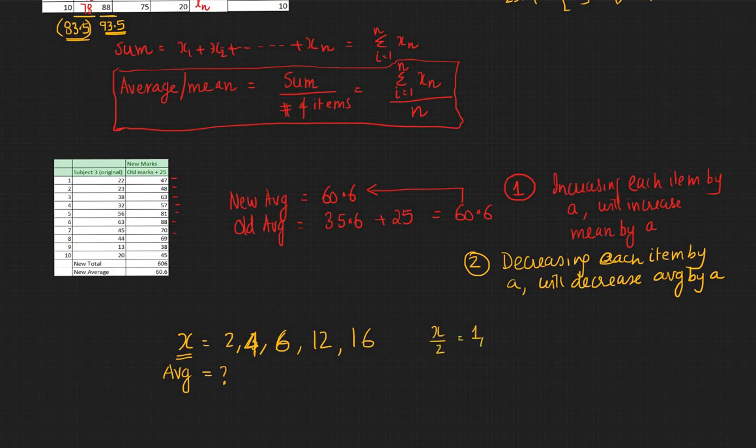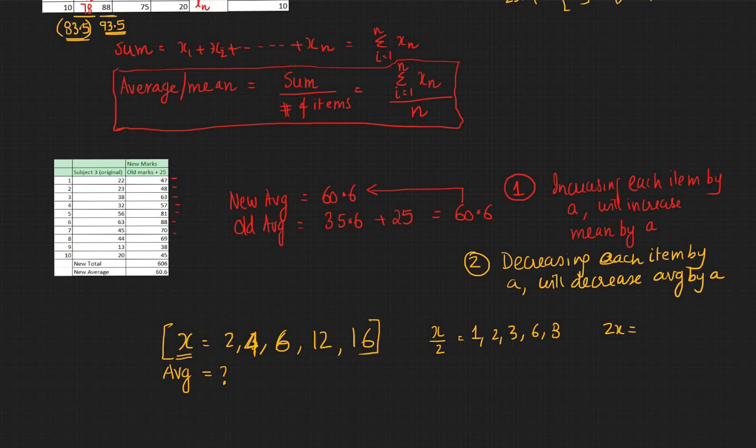That will be equal to 1, 2, 3, 6, 8, and let's say 2x. 2x would be double the value that we have here for these values of x.